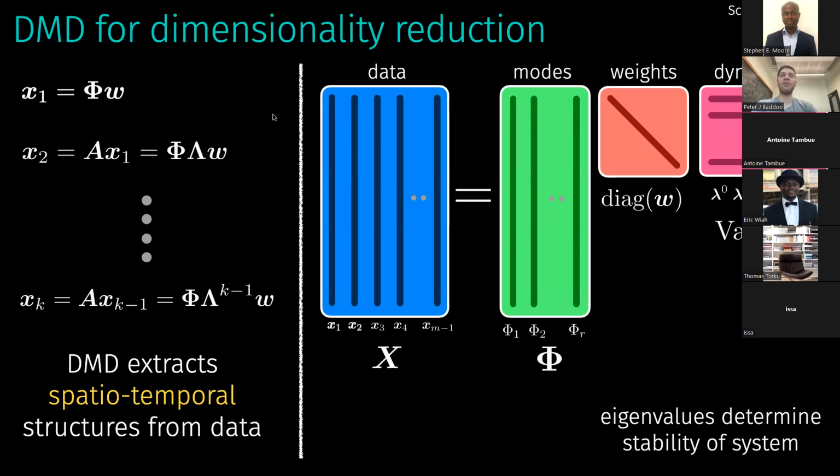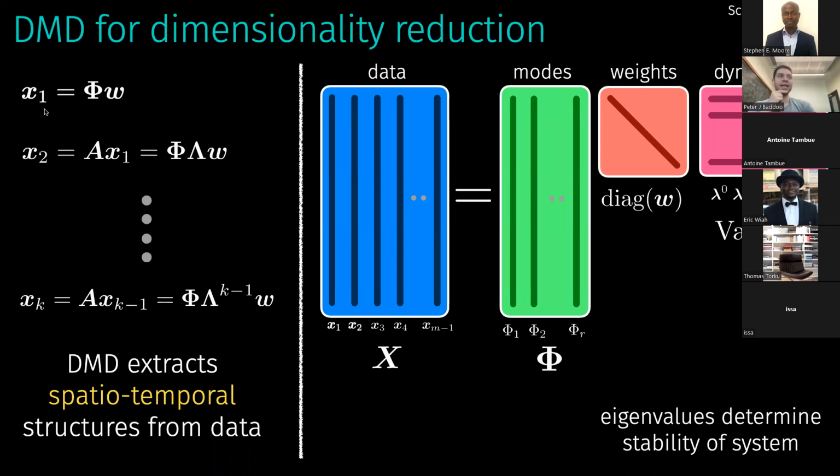So we can use that eigen decomposition that we found on the previous slide to decompose our data. So the first step is to take our first measurement and represent that as a linear combination of the eigenvectors. So this phi is just a matrix, and each column in phi is an eigenvector.